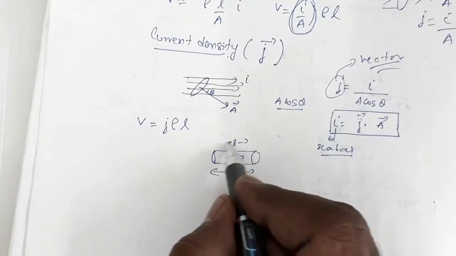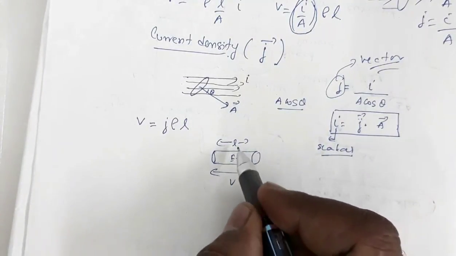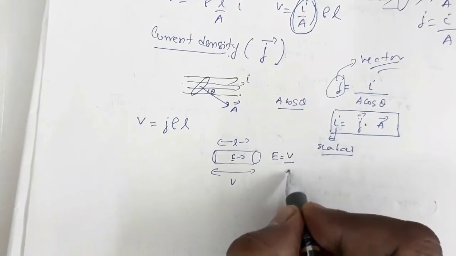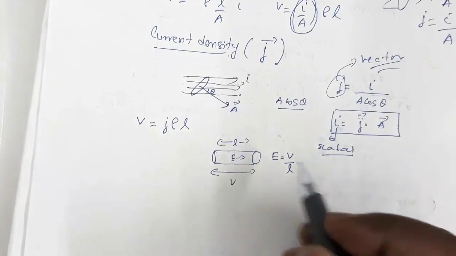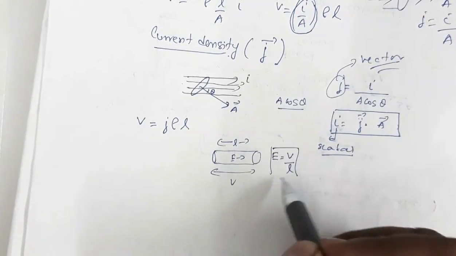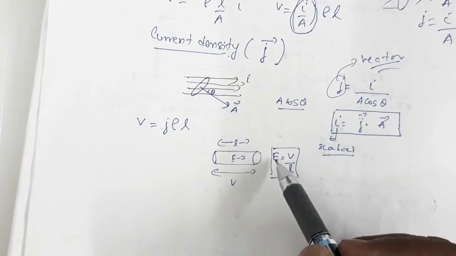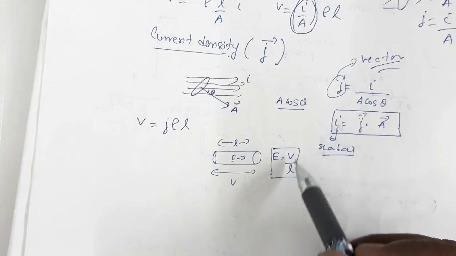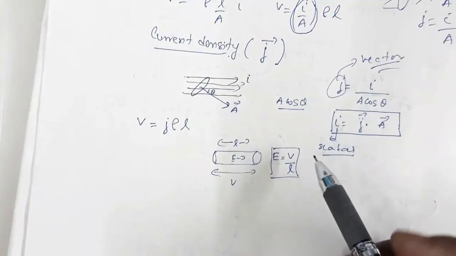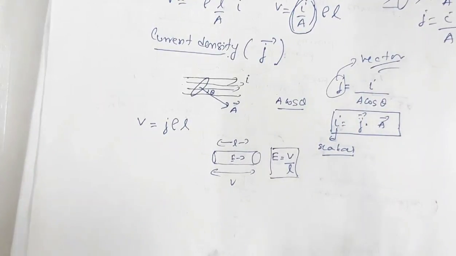These are related by the relation E is equal to V by L. In electrostatics, you have studied that the electric field is the negative gradient of electric potential; it is always directed in the direction in which potential decreases. So from that concept I have written E is equal to V by L.